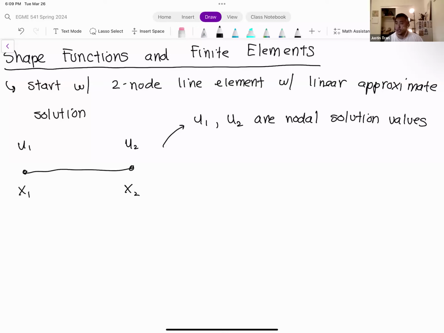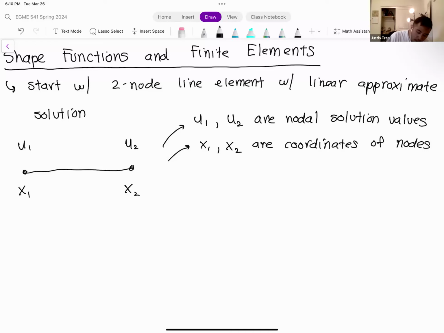Remember, back when we did the direct stiffness method, we solved for the solutions at the nodes, right? Those are always going to be quantities of interest. So u1, u2. And x1, x2 are going to be the coordinates of the nodes.